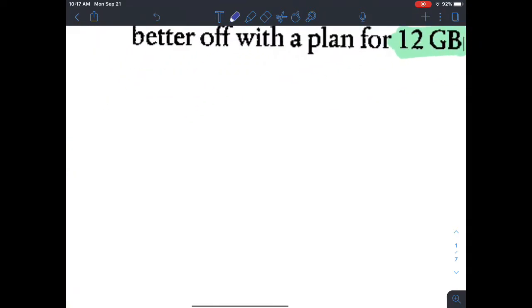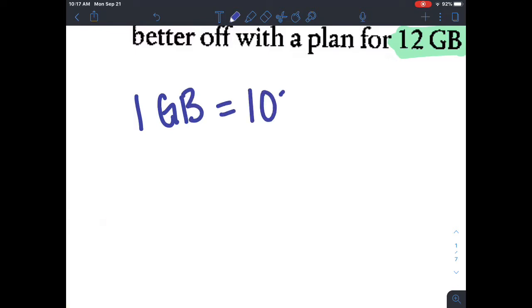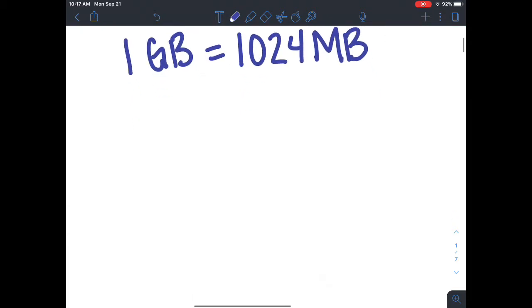If you Googled that, like I did, you found that 1 gigabyte is 1,024 megabytes. If that totally confuses you, you're not alone. I am not a big fan of megabytes and gigabytes, but let's just stick with the straight math here.